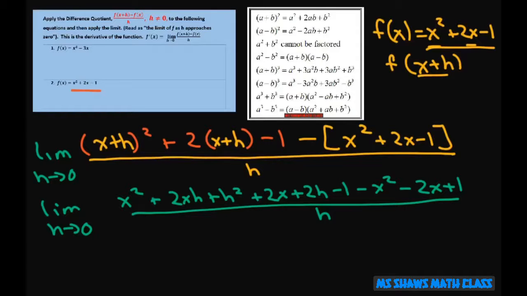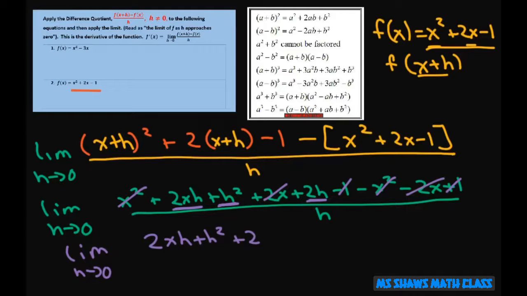Now again, everything should cancel out if it doesn't have an h. The only things that shouldn't cancel out are the ones with the h's. So my x squareds, my 1's, and my 2x's should cancel out. And they did. That tells you you did it right. Now looking at this, let's go ahead and write out 2xh plus h squared plus 2h divided by h.